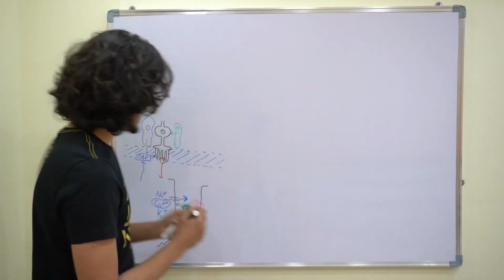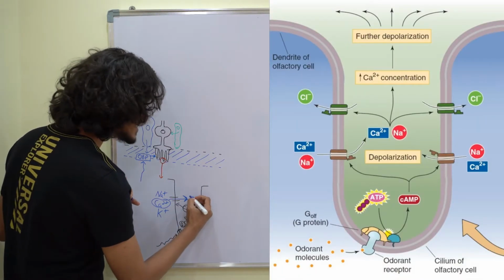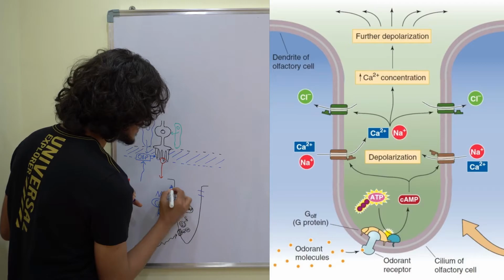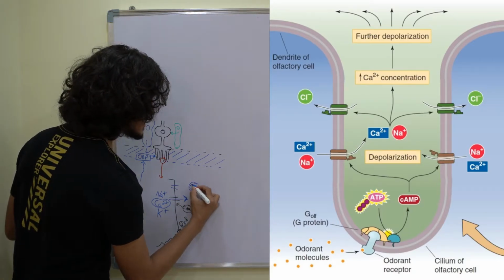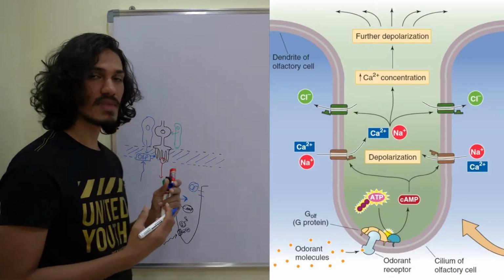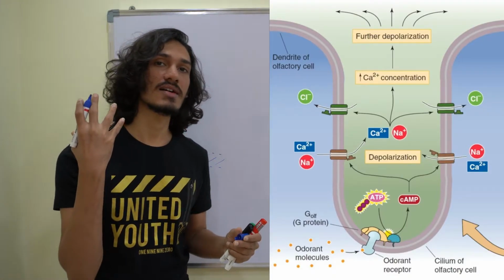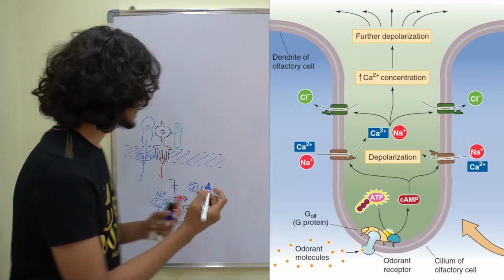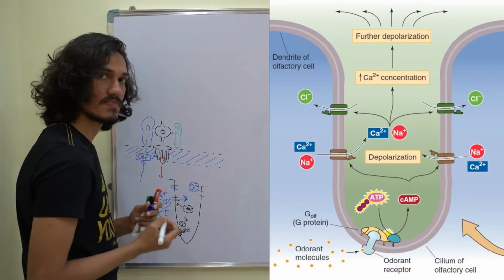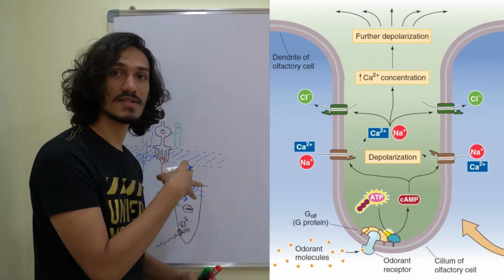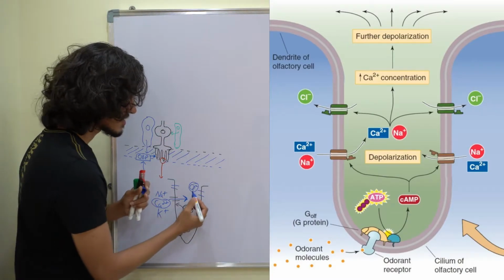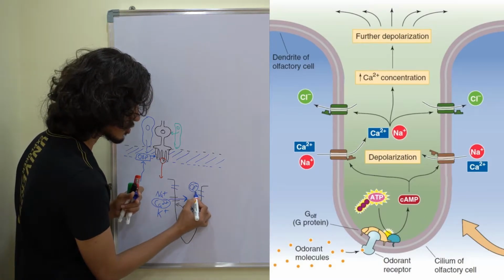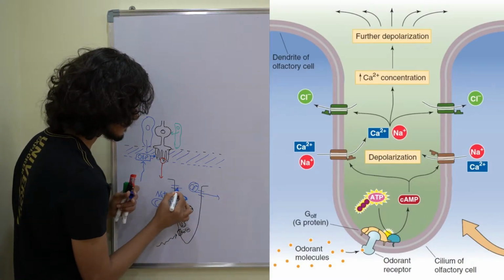Now because of the calcium, there is calcium induced opening of chloride channels. These neurons have high intracellular chloride. Chloride is a negatively charged ion, and its high intracellular concentration is there in this neuron. So what does that mean? High concentration to low concentration, so chloride is going to go out.